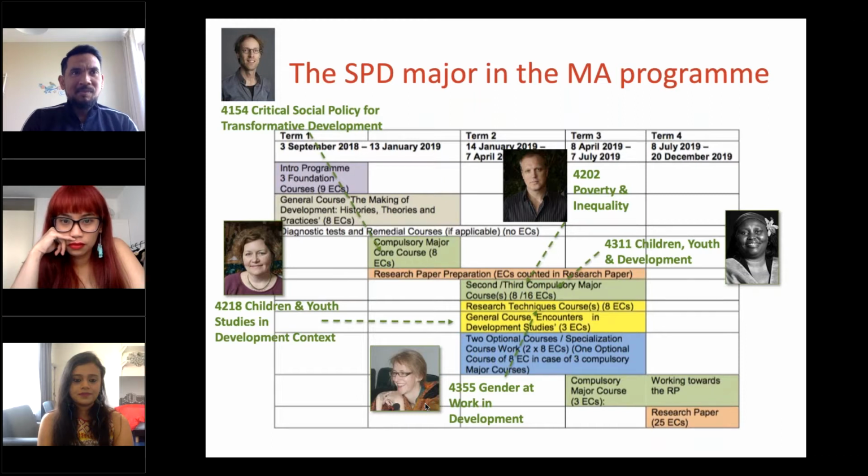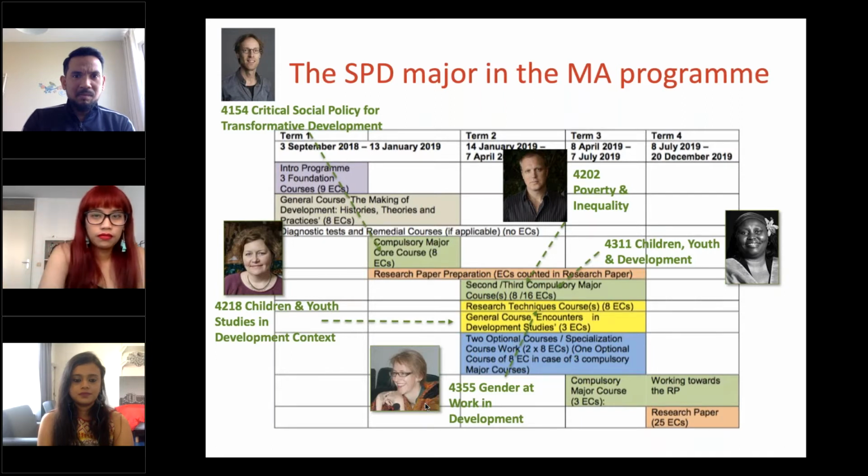In term 3, we have 4311, which counts as a required course for your overall major. That's Children, Youth, and Development. Between my course and Alma's course 4311, there's a picture of Alma there, that would fulfill the specialization as well, if you took both of those courses and then did your paper on a child or youth related topic.